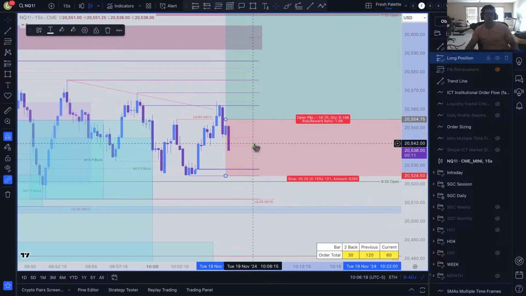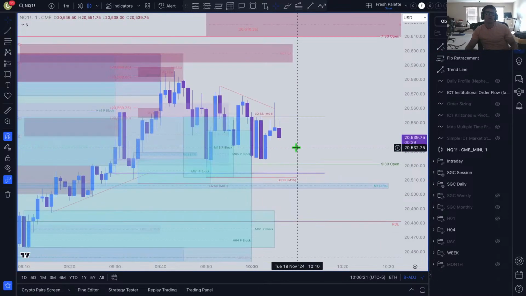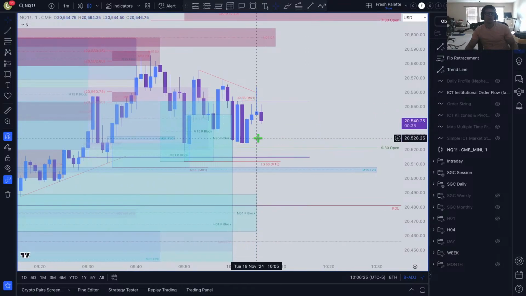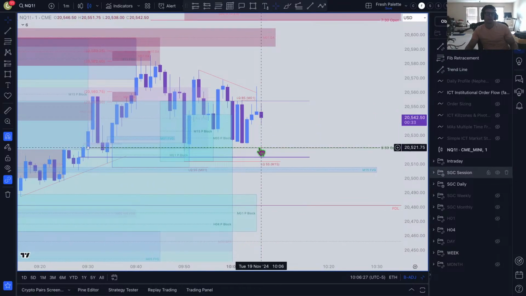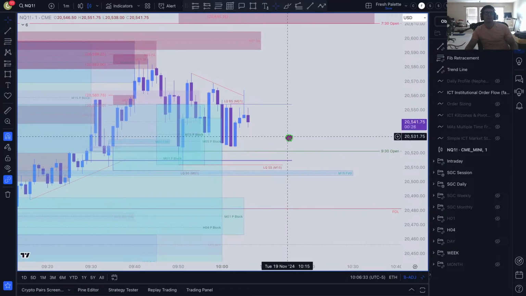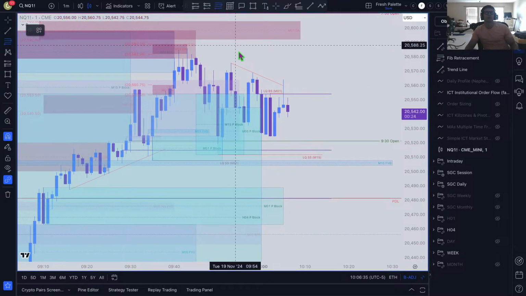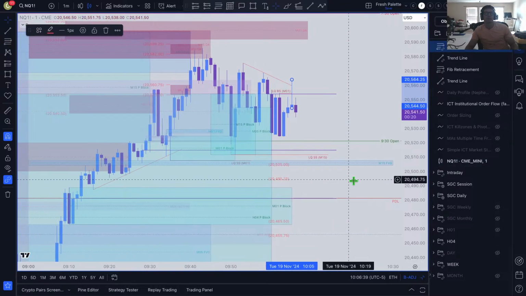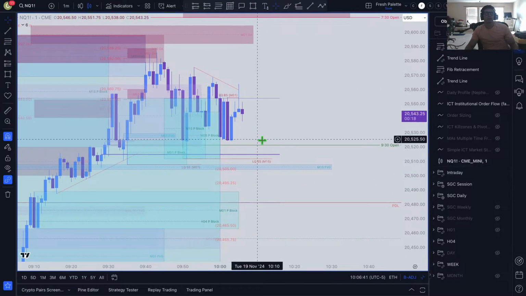And you have this projection outside, so we could start to see maybe a sweep of this 9:30. The key is that for this idea to be valid, we cannot sweep this low, right? And conversely, if we close below, you then have M1 impulse to the downside off of this trend line.